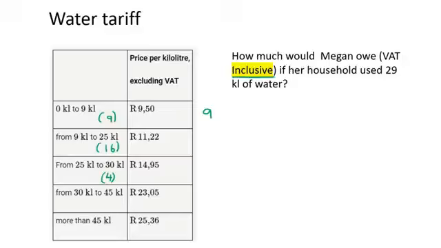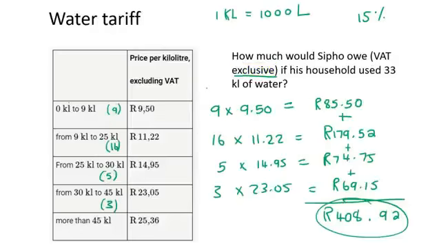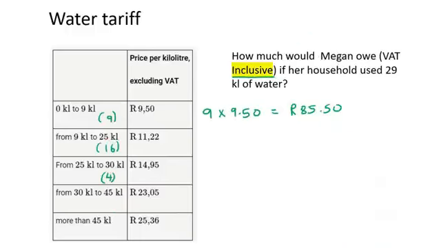Now we can work out the cost. We can say 9 kiloliters multiplied by 9.50. We can add VAT at the end, it's easier to do it like that. So that'll be 85 Rand 50, just like we got in the previous example. Then 16 multiplied by 11.22 gives 179.52.